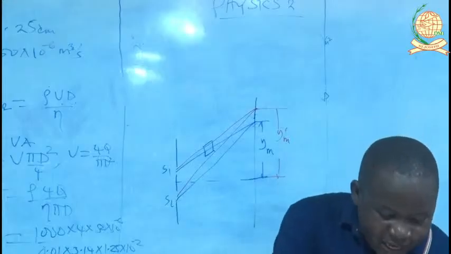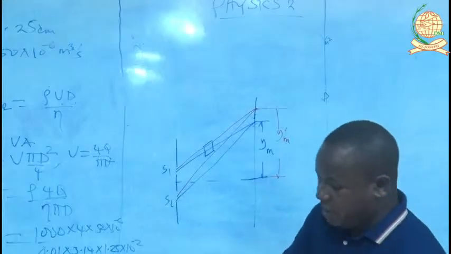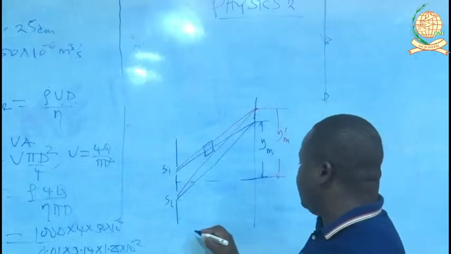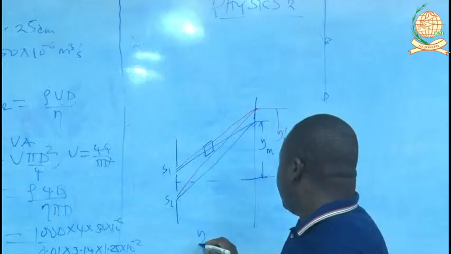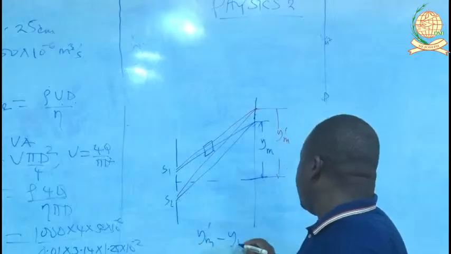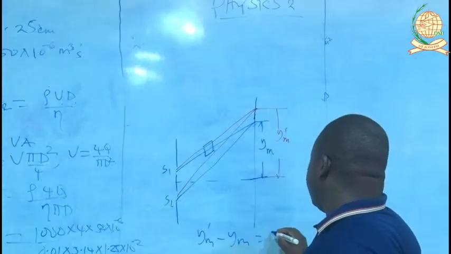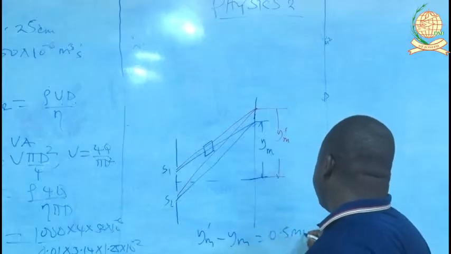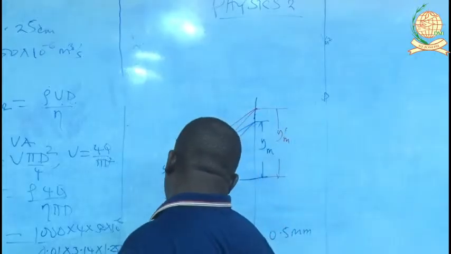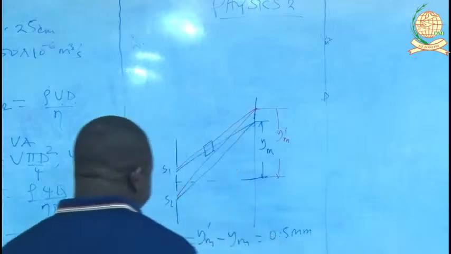So we have been given that the fringe shift, y m dash minus y m, equals 0.5 millimeters, or change in y equals this.